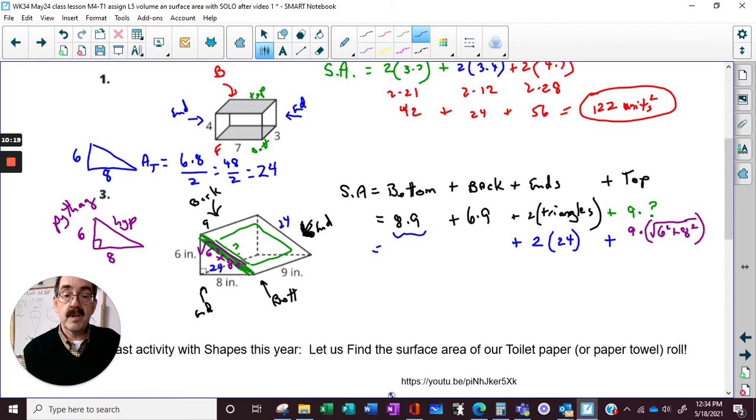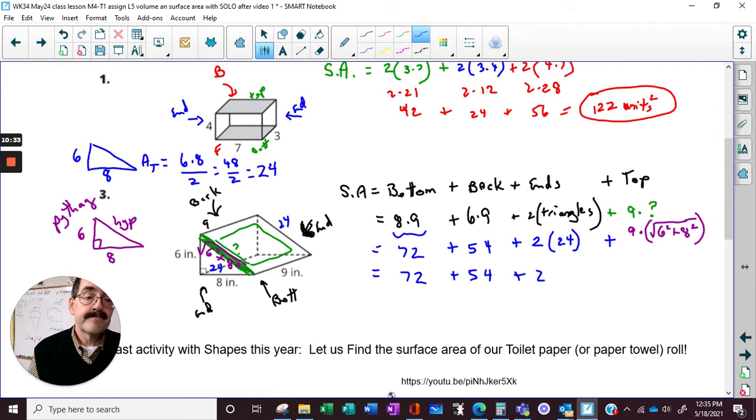Okay, so let's put it all together. 72 plus 54 plus 2 times this plus 9 times this. Okay, this is 36 plus 64. 36 plus 64 is the square root of 100.